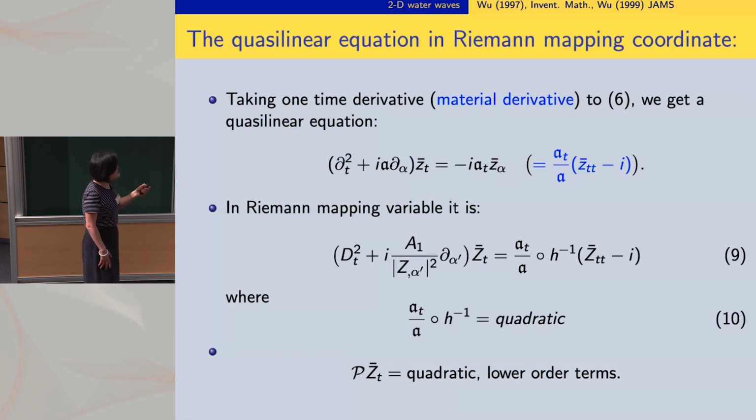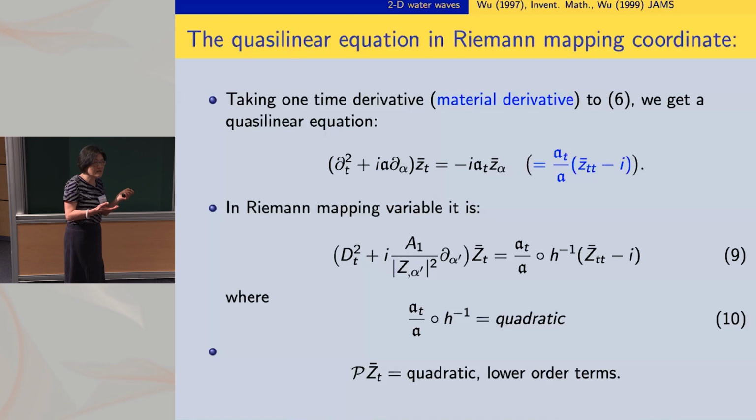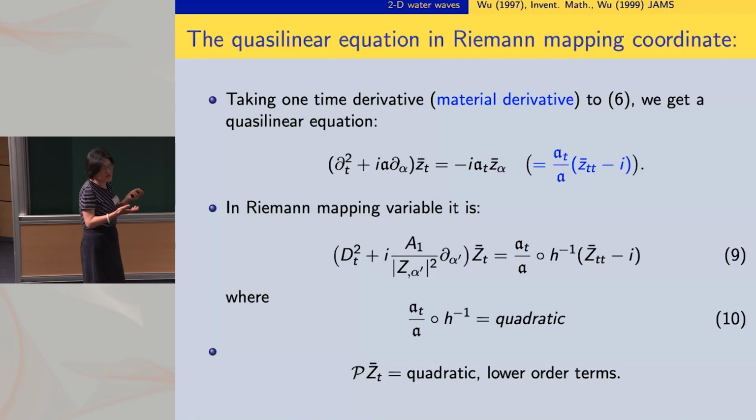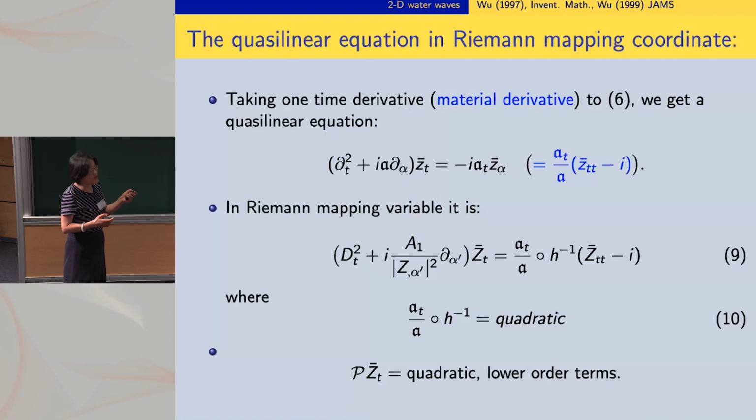And the reason, a simple reason, is that if you look at this equation, the t bar is holomorphic, right? So if you take a derivative, you no longer get holomorphic, but it's still close to being holomorphic. So the left-hand side is almost holomorphic.